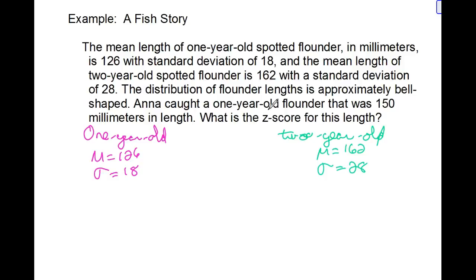Well, Anna caught a 1-year-old flounder that was 150 millimeters. So she caught a 1-year-old that's 150, and we want to know its z-score. So we're going to take this 150 and subtract the 126, because that is the mean for the 1-year-olds, and divide it by the 18.